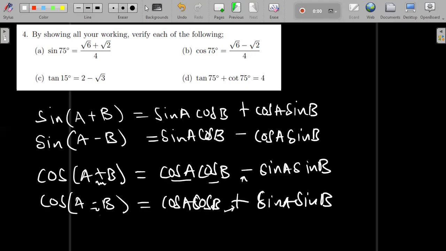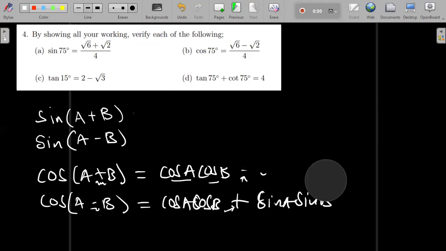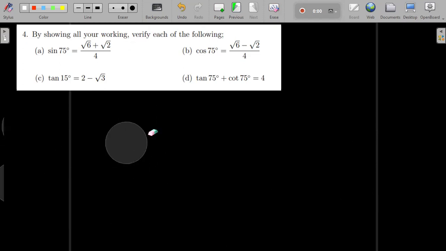And then let's write the one for the tan. So the one for the tan will be in this form.